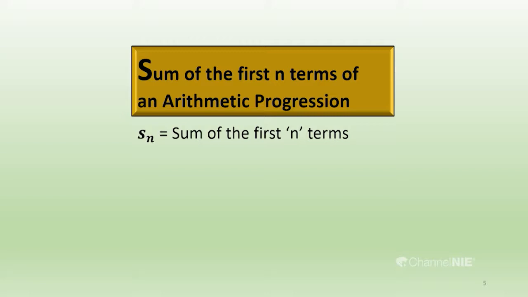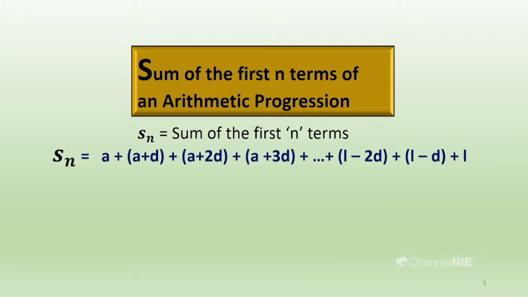I am representing that using the common arithmetic progression. Look at this. I have written the first term as a, the second term as a plus d, and I am adding them together, the third term as a plus 2d, the fourth term as a plus 3d, and so on. The last term I have represented using the letter l. How do we find the term before the last term?